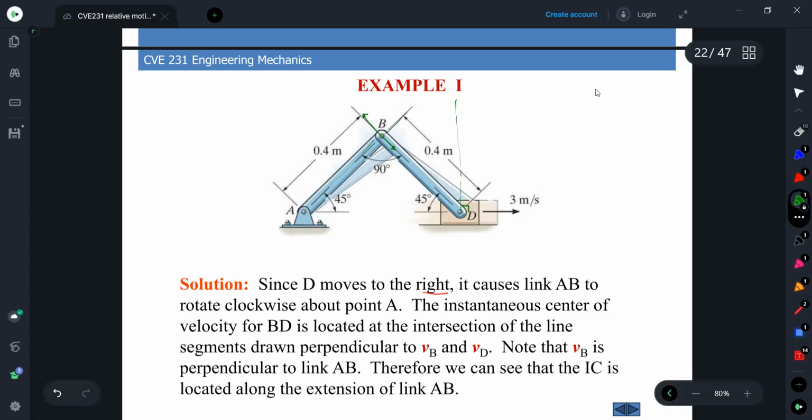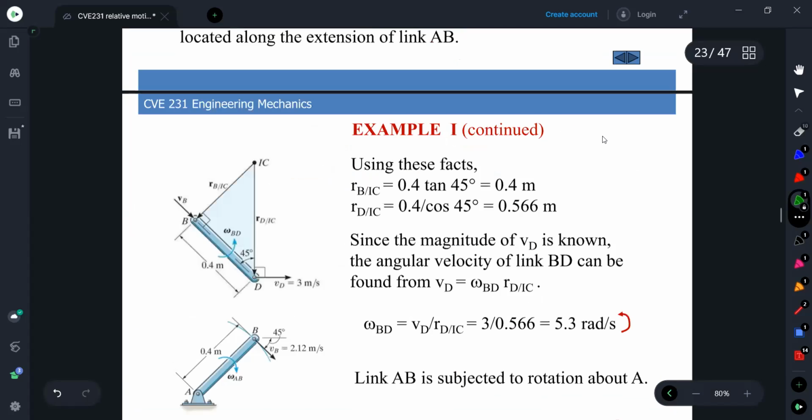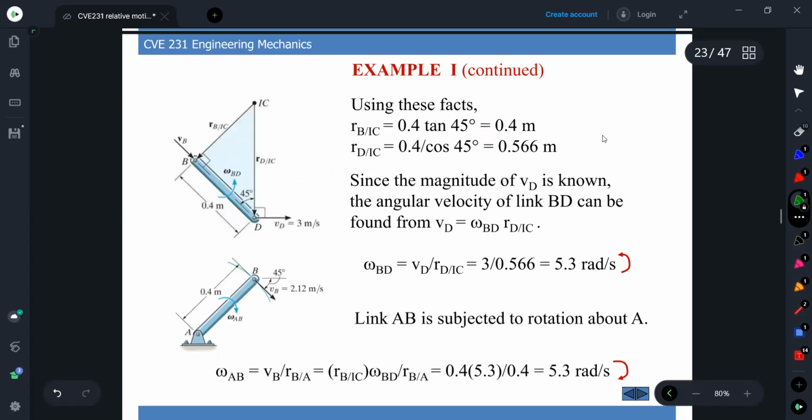If we draw the line perpendicular to VB, we will have this line also. We can locate point IC over here, which is perpendicular to VB and perpendicular to VD.